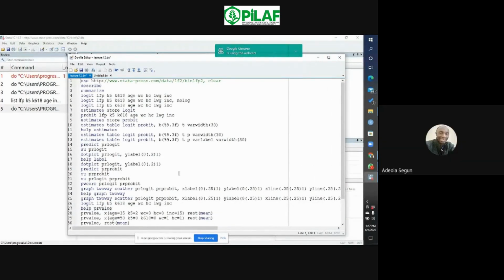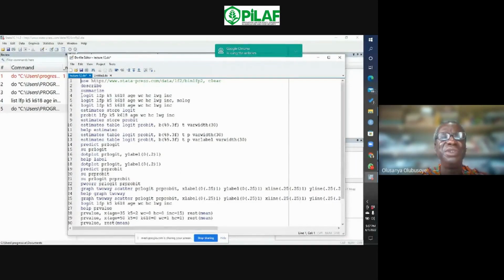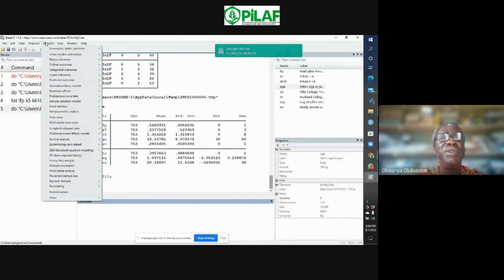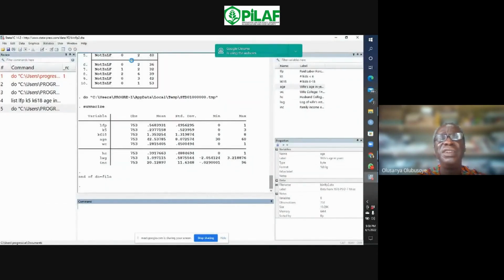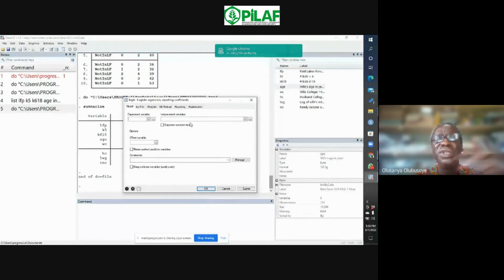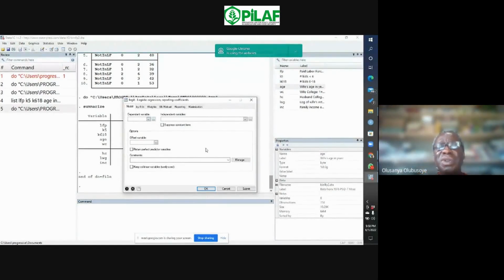So now we can run the model. But before I run it from the do file, it's always good for you to know how to do it also from the menu side. So you come to binary outcomes, click this, then you see the window. Every other thing you can leave as default, but you select your dependent variable.